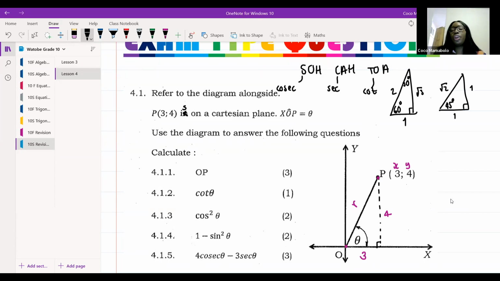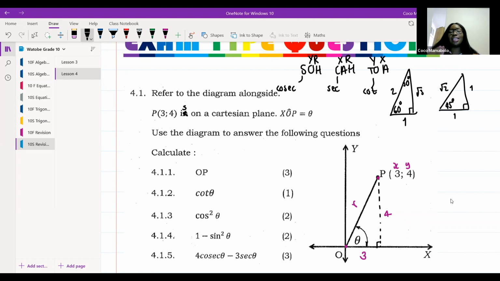We're also going to remember that on a Cartesian plane, sine is y over r, cos is x over r, and tan is y over x. So remember, shade your rear because x-rays and your exterior, okay?